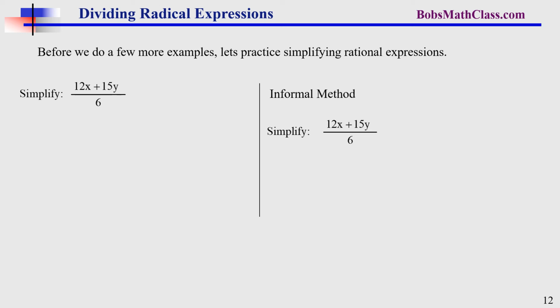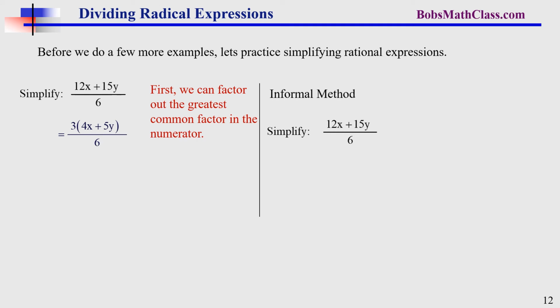What is the GCF in the numerator? 3. So factor out a 3 in the numerator. Put that in front of the parentheses, and then 3 goes into 12x 4x times, and 3 goes into 15 5 times, so 5y. And it's all over 6.